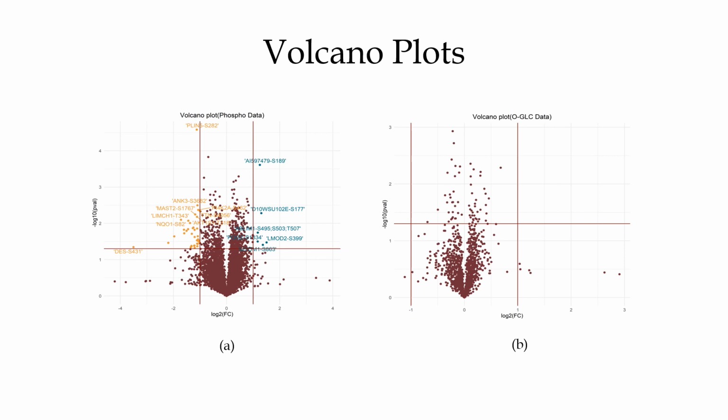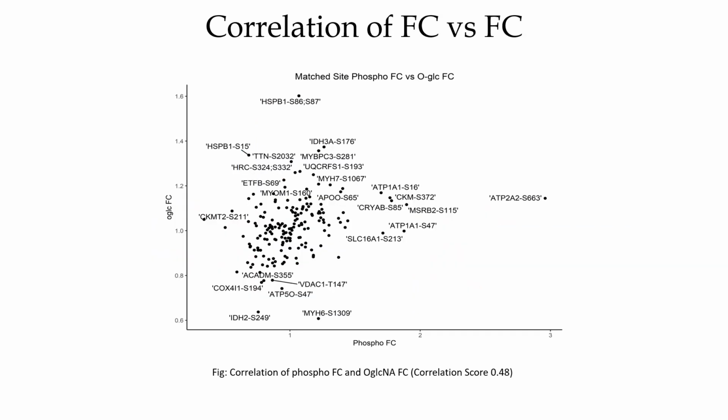Comparing the O-GlcNAcylation fold changes and the phospho fold changes, we can see a strong correlation of 0.48 between the average fold change of the phospho data and the O-GlcNAcylation data of the same residue sites.